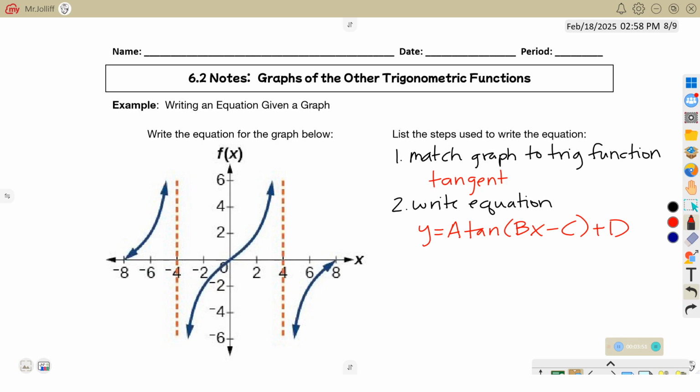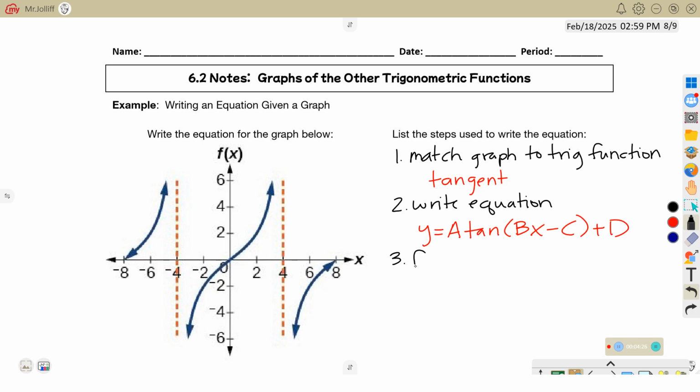Our goal is to find those 4 unknown constants from the graph. What's my A, what's my B, what's my C, what's my D? We are not going to do them in an order that makes sense. We're actually going to do them out of order. We're going to do D first, and then jump to B, and then come back to C, and then do A. And there is a reason for this. It has to do with the ease with which we can pick these off the graph.